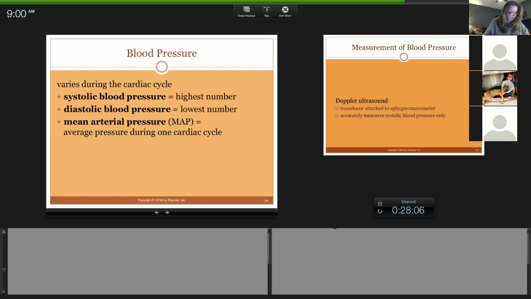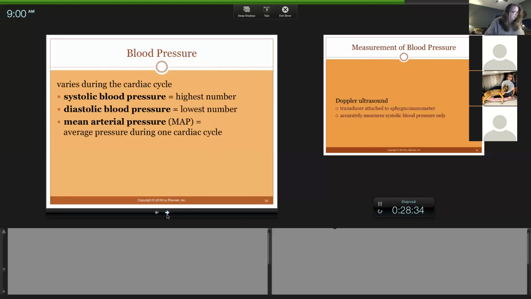A pulse you feel in a superficial artery, and it is the recoiling of the arterial fibers during contraction and relaxation. The period where the heart is relaxing and filling with blood is diastole. The period when it's contracting is systole.